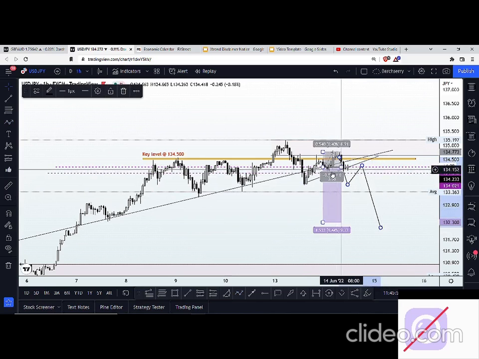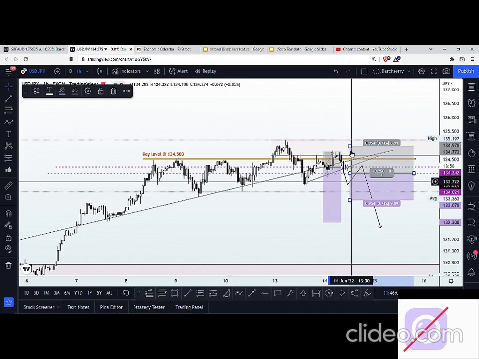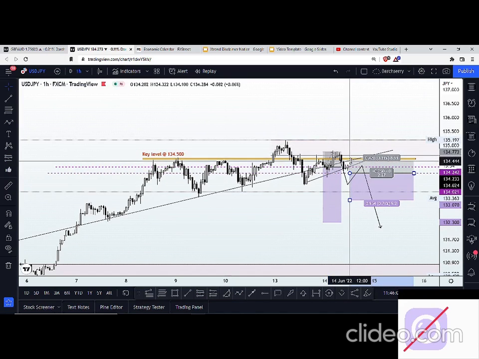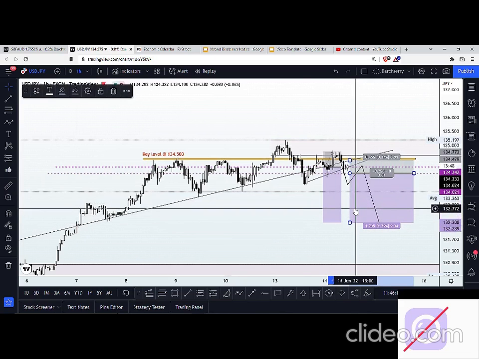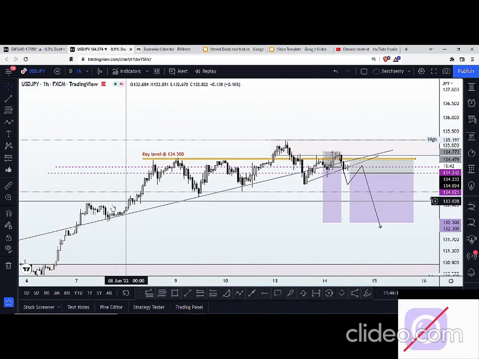So where will our stop loss be at this point if we are taking from that area? We have our stop loss right below the key level, with around 40-45 pips, with the take profit target sitting at the 132.300 area. So why are we having the 132.300 area as our take profit target?